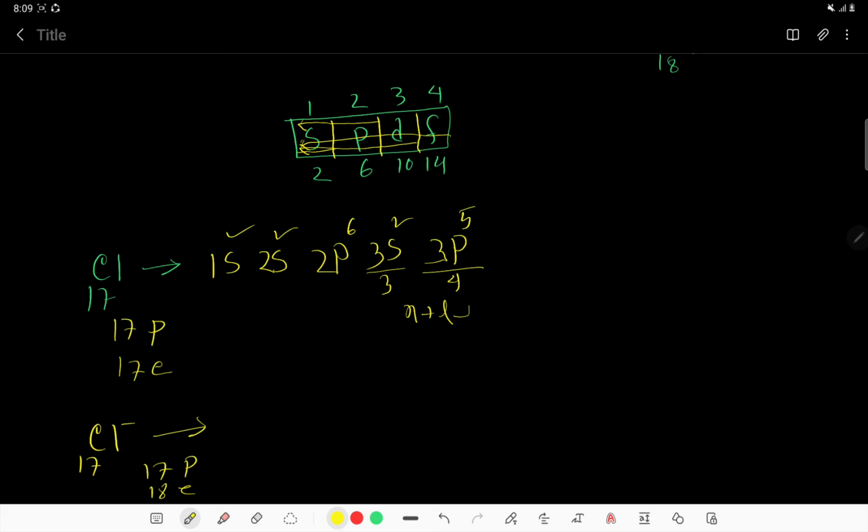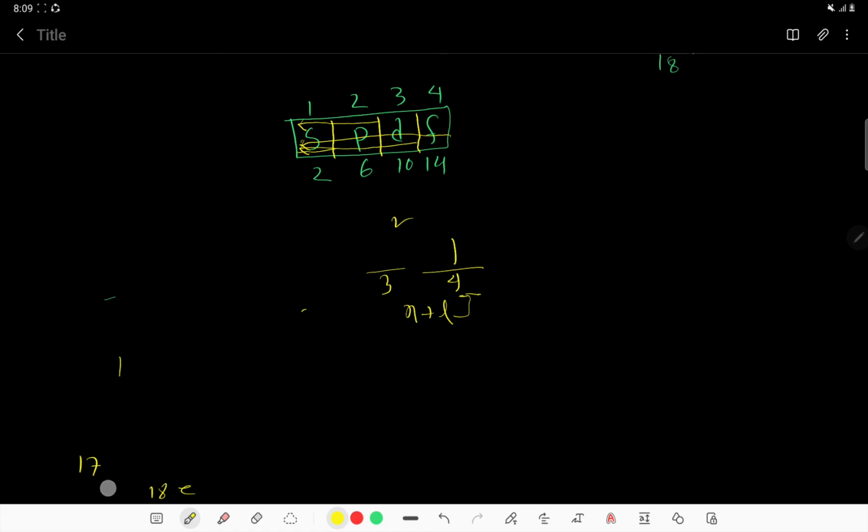So the highest value of n plus l equals 4, and there we have 5, P can hold a maximum of 6, so for the chloride ion we can add 1 electron here. So this is the electron configuration of the chloride ion. Okay, so let us take another example so that you can have clear knowledge.